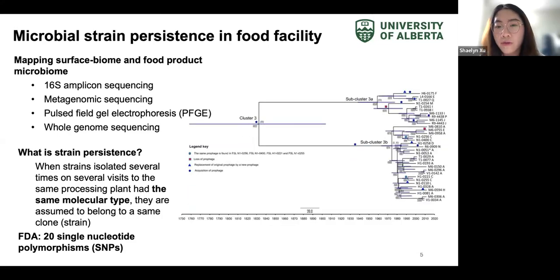Here is an example of research conducted in a cold-smoked salmon processing facility. What they did is they collected 40 whole genome sequencing data of Listeria monocytogenes from 1995 to 2015.